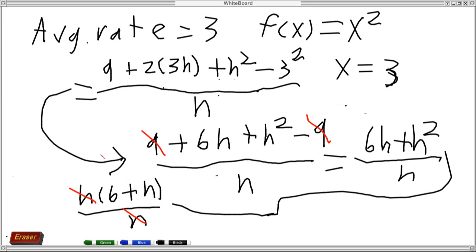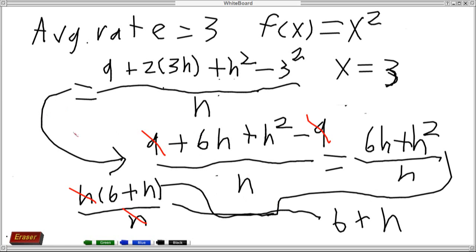Now what we have here is 6 plus h. And what is h?